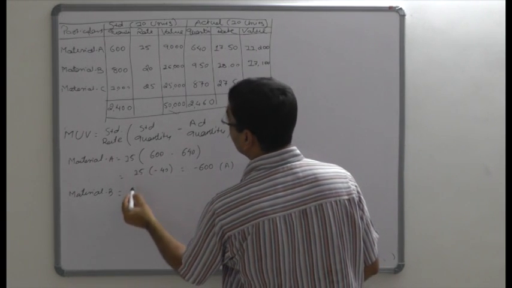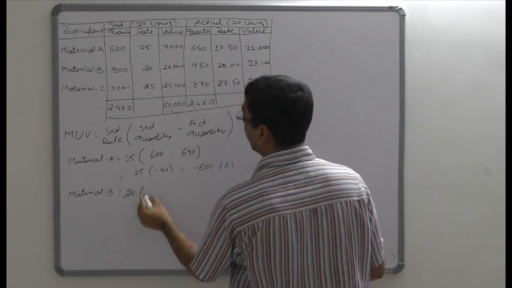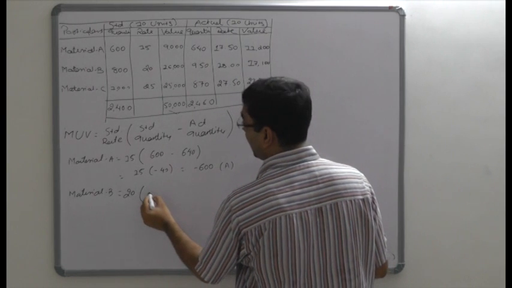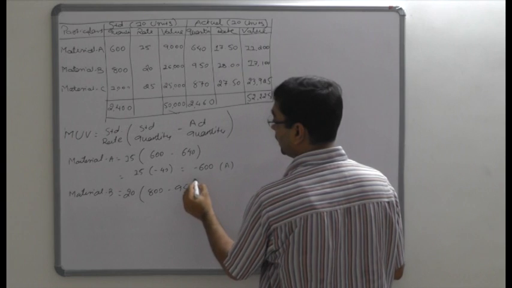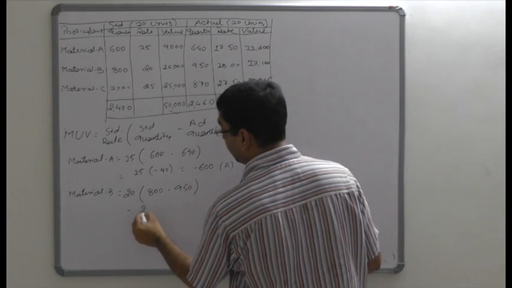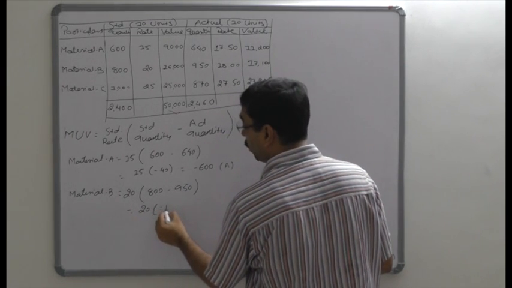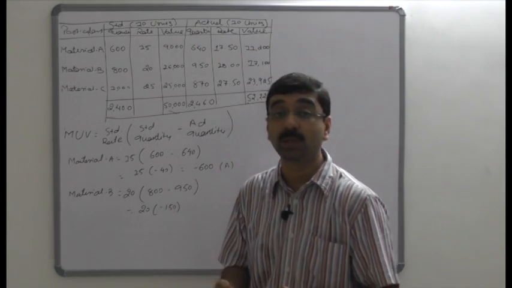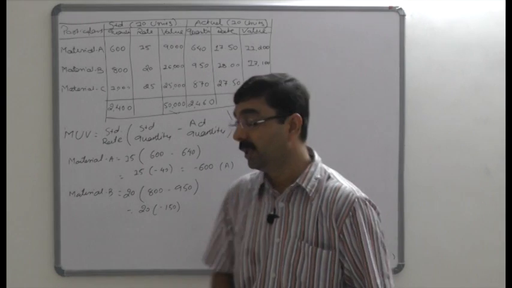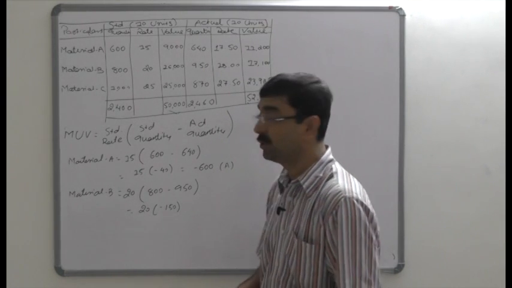Let's see, the standard rate is 20. Standard quantity is 800, but the actual quantity is 950. That means the company is using quite a bit higher than the standard quantity.